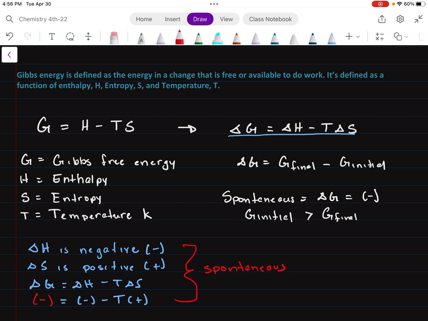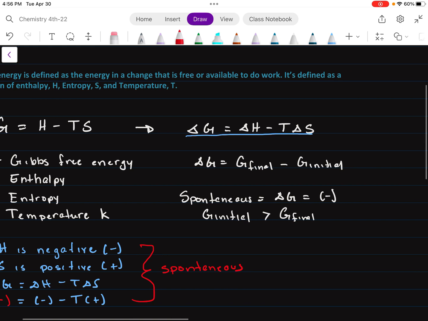Now, if energy is leaving the system, then you're increasing the disorder of that system. So like the ice cube melting, as the energy is going out into the system, the disorder of the water molecules is increasing. And as a result, you're going to have a spontaneous reaction, which is going to result in a negative delta G, right? Let's look at the other side.